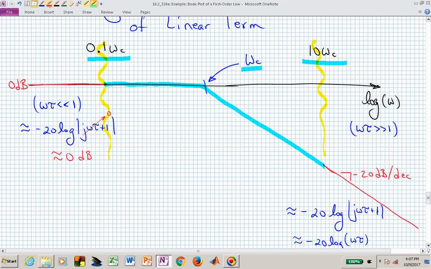That's now what we would sketch for our straight line approximation. We would go 0 dB out until the break frequency, and then beyond the break frequency, we would simply say, oh, now we have, I told you I couldn't draw a straight line. We now have a slope of minus 20 dB per decade. That's just one factor, and it's going down at 20 dB per decade.